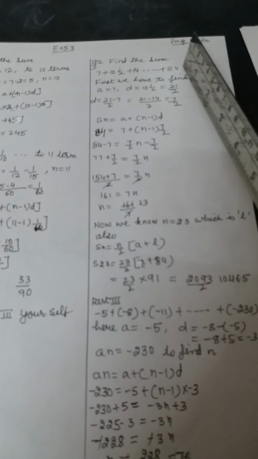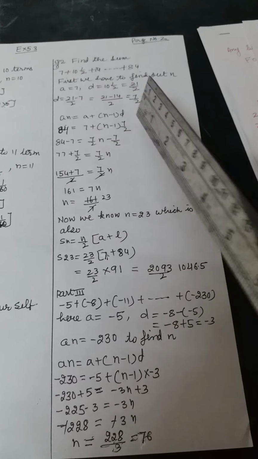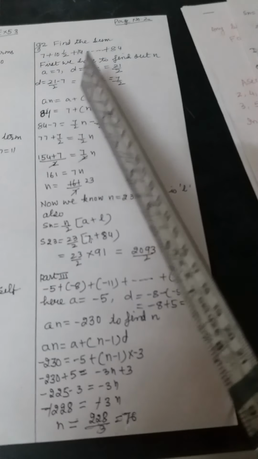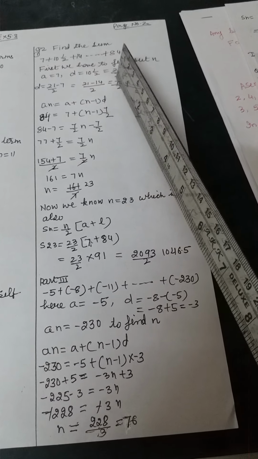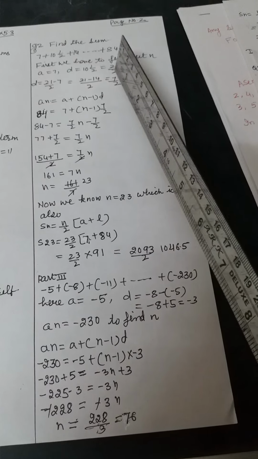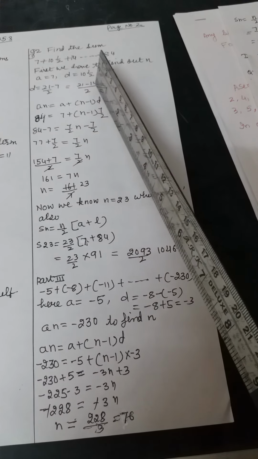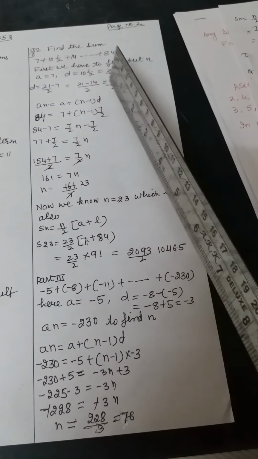We have to take out the n also here. This is the difference between this question and the previous question. Now here a is equal to 7, d is equal to 10 by 2. After changing into fraction it will be 21 by 2, and 21 by 2 minus 7, and taking LCM of it, it will come 7 by 2.